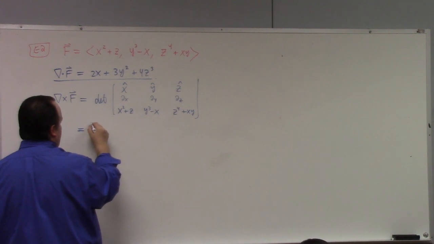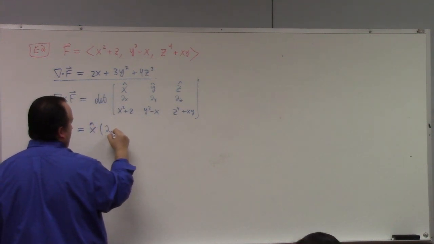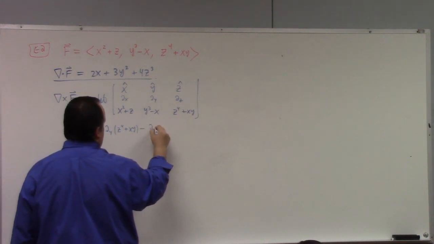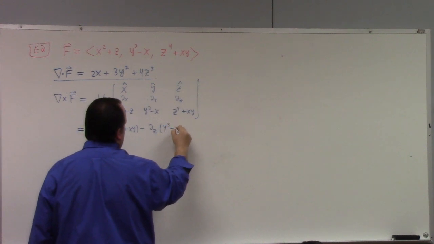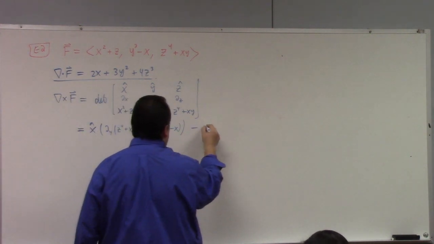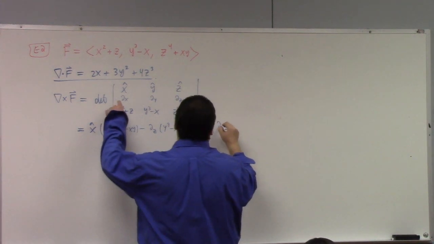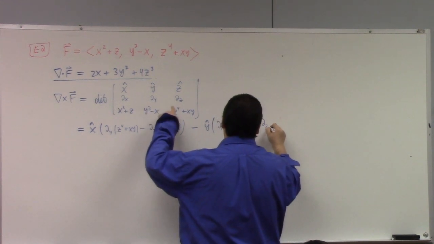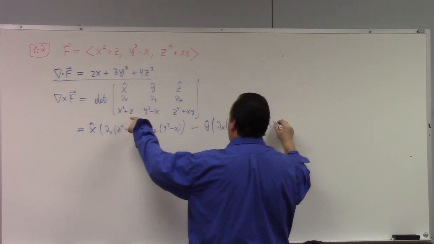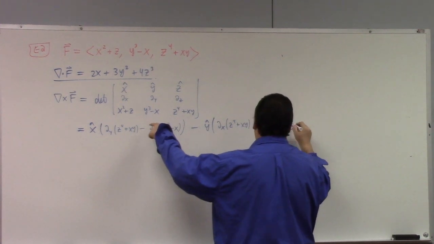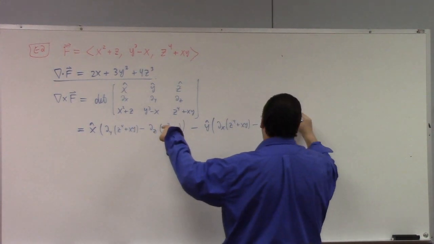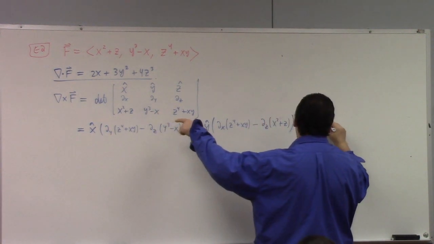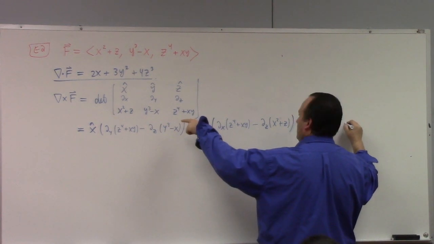We've got ourselves an x hat times partial y of z to the fourth plus xy minus partial z of y cubed minus x, minus y hat partial x of z to the fourth plus xy minus partial z of x squared plus z, close parenthesis, plus z hat, yowzers, partial x of y cubed minus x.